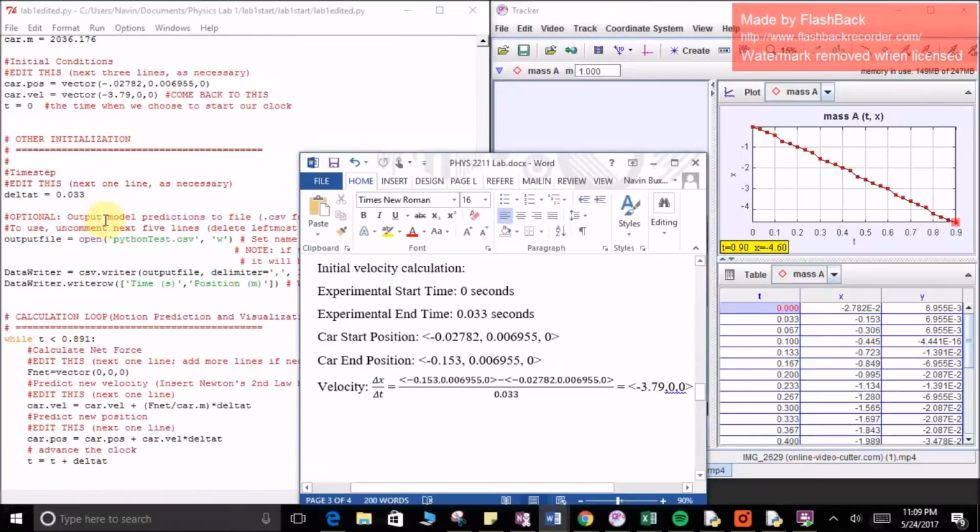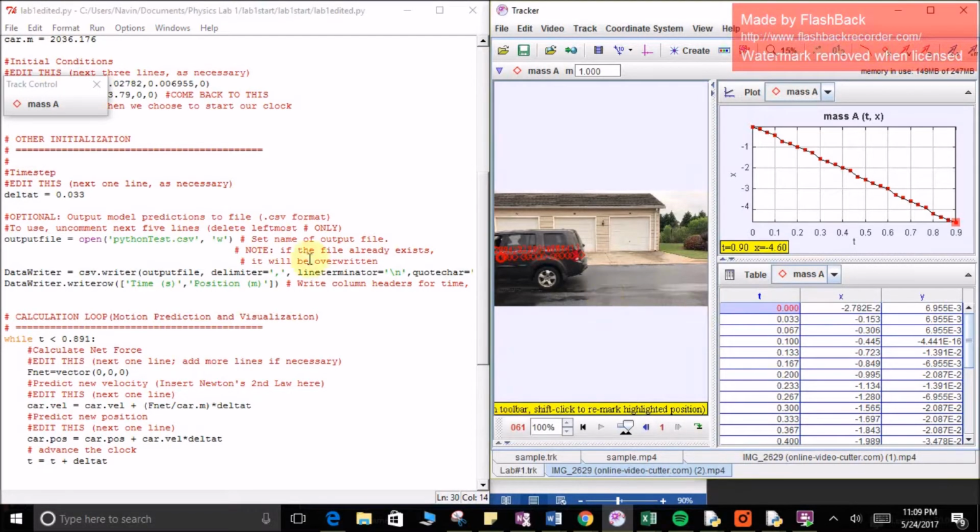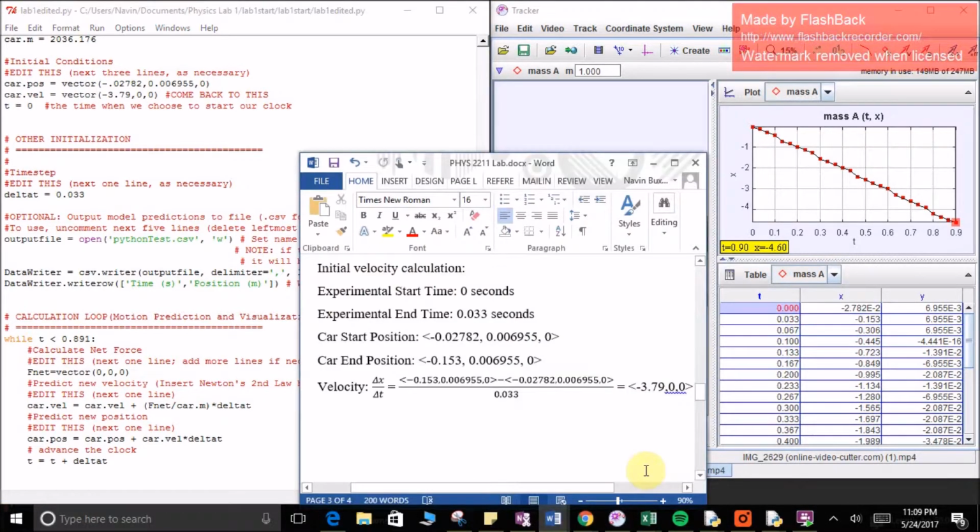The first addition to the code was shown here with the car's mass, which is found online. Next, we added the car's position, which is taken directly from Tracker in the first line. And then next was the car's velocity, which was calculated by looking at the first 2 points of the Tracker data and finding the change in position over the change in time, as shown here, to produce negative 3.79 in the x direction.